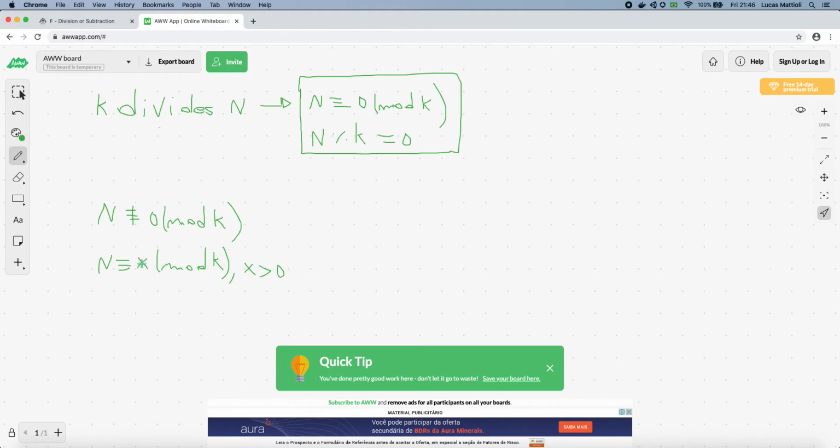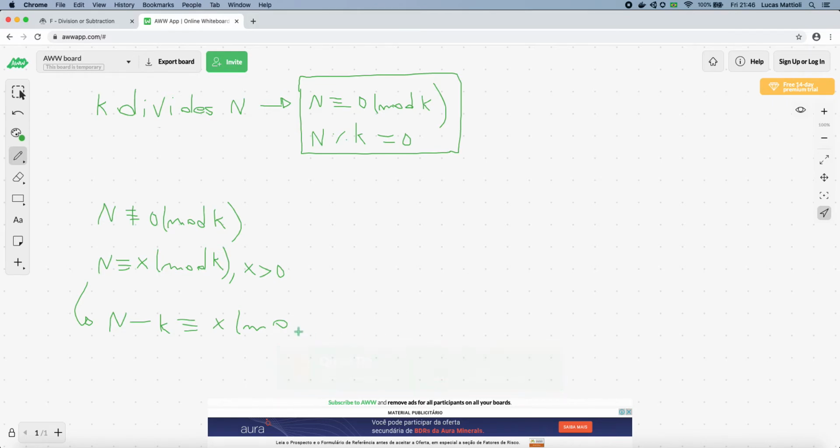Then this means that if we do the following operation, n minus k, this is also congruent to x mod k. Why?